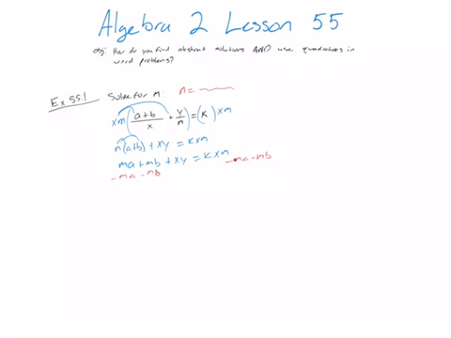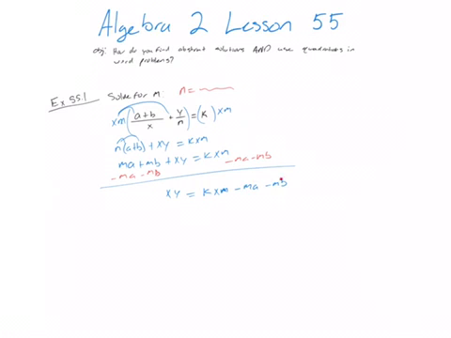And since those variables don't match up exactly, I can't combine them together. This part all goes to 0. So I'll end up with xy is equal to kxm minus ma minus mb.